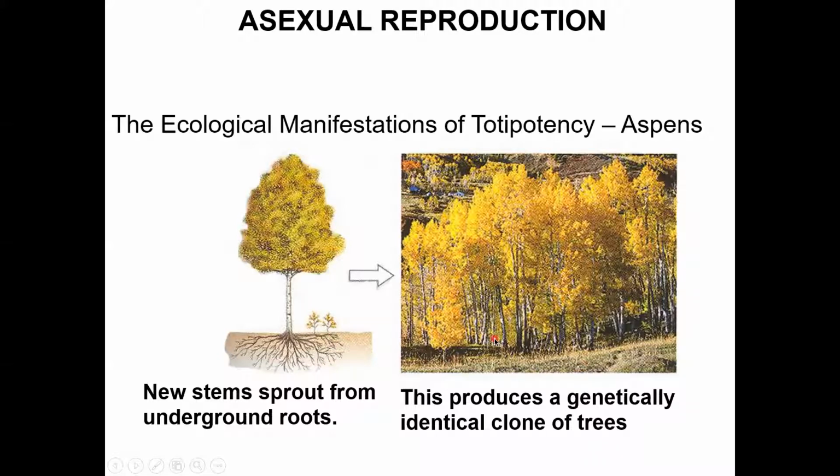Now, there are other examples that we'll talk about briefly this morning. When we're talking about sexual reproduction, we'll refer to asexual reproduction by spores. And bryophytes have another example.